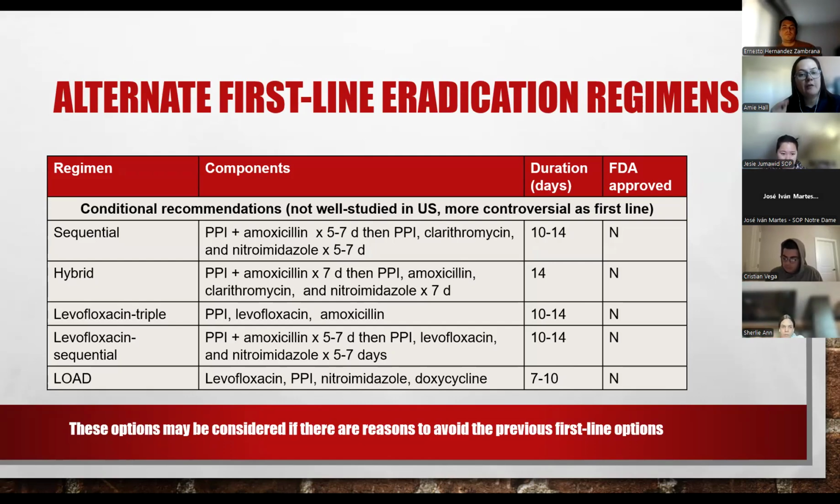These ones are not as well studied in the US and have more complex or more expensive regimens or regimens that have increased risk of resistance, like the ones with levofloxacin in there. So please don't worry about this slide. This is just an FYI. So write FYI on it and cross it out.